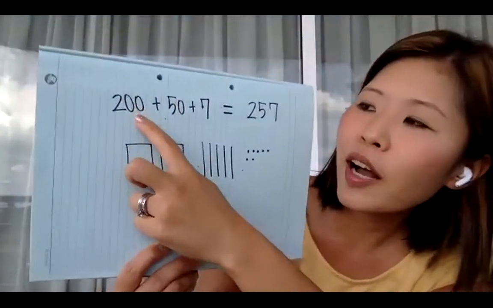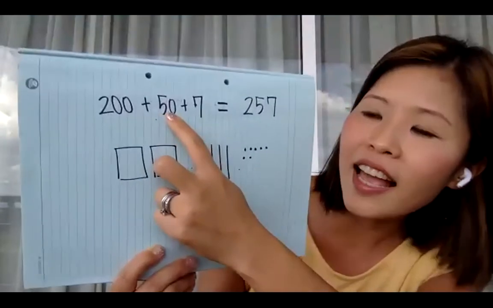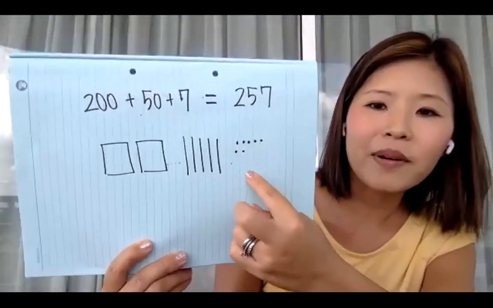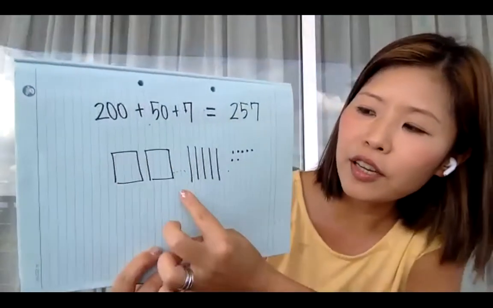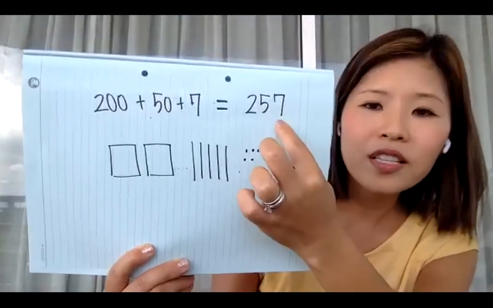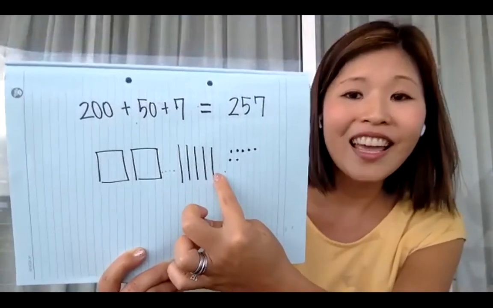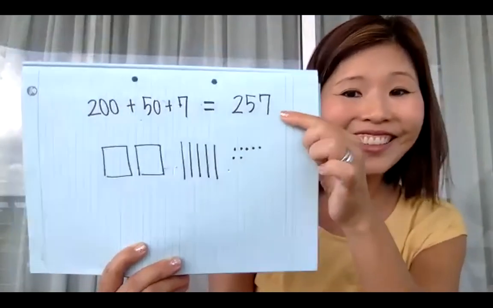So 200, that means 200s, and 5 tens makes 50. So I have my 5 tens here and my 7 ones here. That was 257. That's exactly that number. So I knew that this expanded form, 200 plus 50 plus 7, is equal to 257.